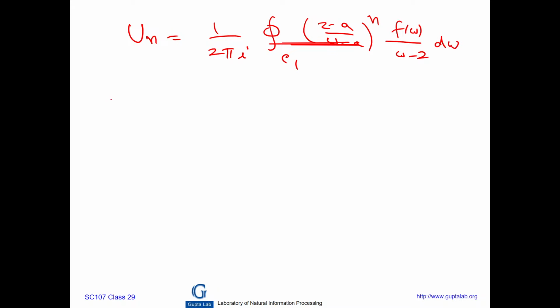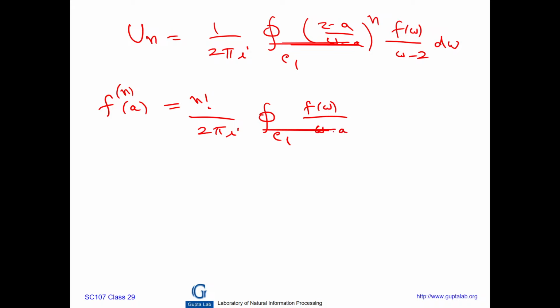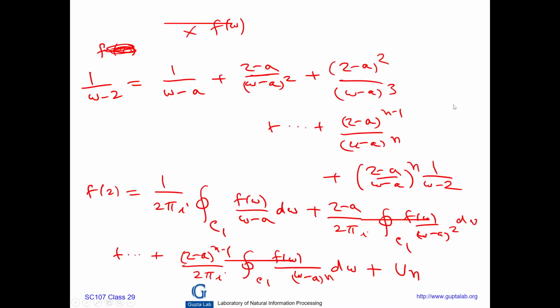Now using Cauchy's integral formula, we know that this is equal to factorial n divided by 2 pi i, for n equal to 0, 1, 2, 3 and so on. So using this formula directly in these expressions here, I can substitute, right?